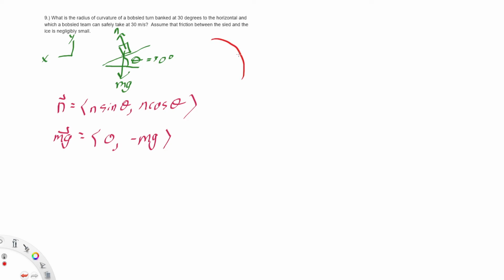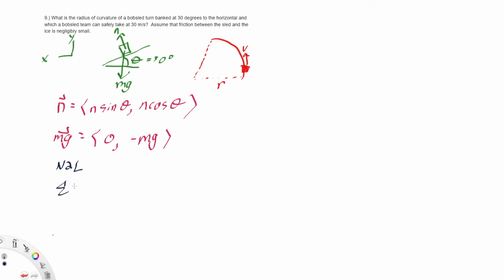So we are here on the curve, and our velocity is, at least momentarily, going this way. And this curve has some radius of curvature, which we would actually like to find out. So that said, we turn to Newton's second law.